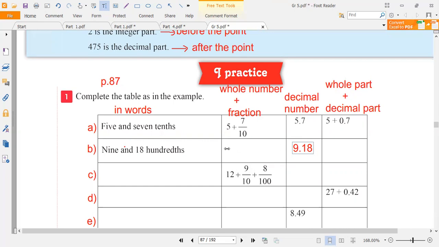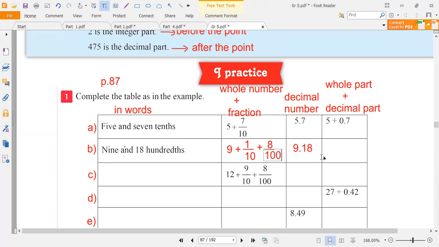Now we have to write it as a whole number plus fractions. So we can write it as 9 plus, how do we write it as a fraction? The first digit after the point is the tenths digit, so it is 1 over 10, and the second digit after the point is the hundredths digit, which is 8, so we write 8 over 100.